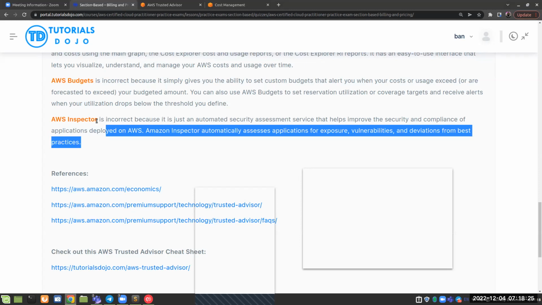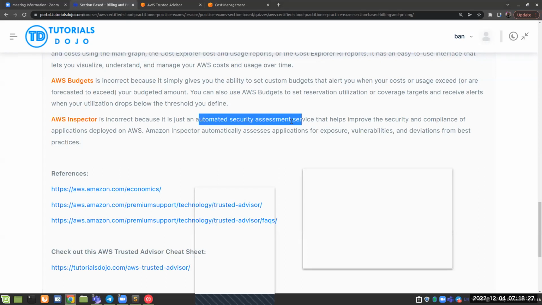When you think of Inspector, think of an automated security assessment service that will improve the security and compliance of applications. There's also something that it does that is not listed here. We did see that when we were doing the securities, when it's also looking for unintended network access, right?